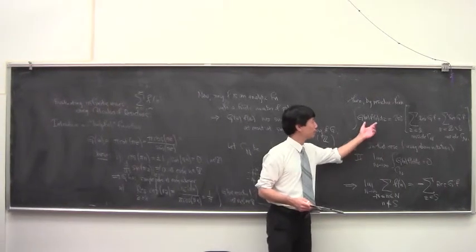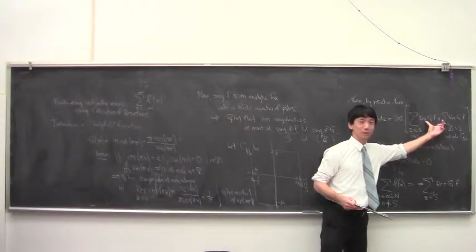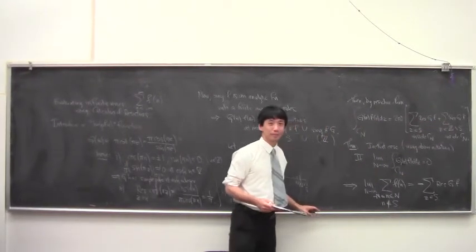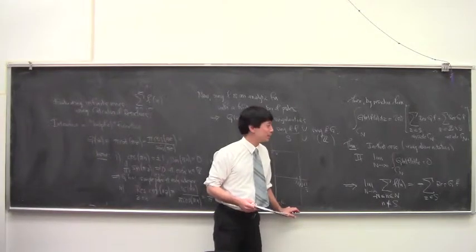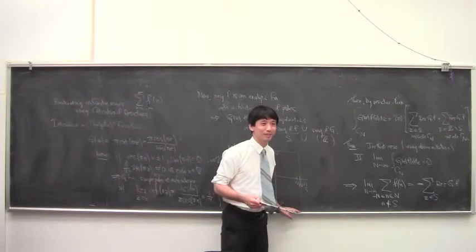All we're saying is that if this is 0, then these two must sum to 0. So it's just an elementary school statement.